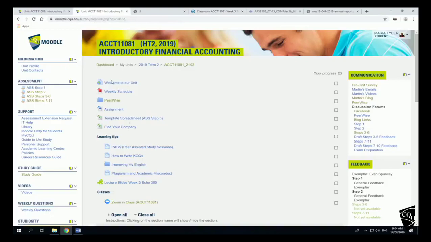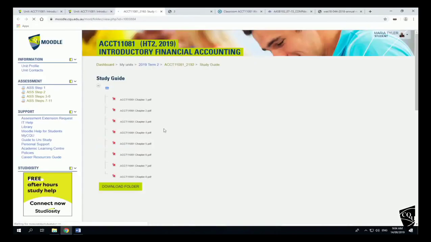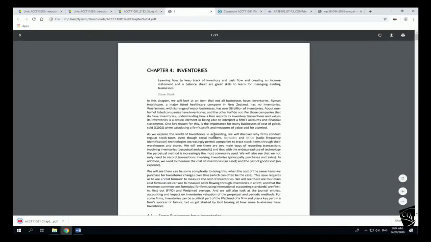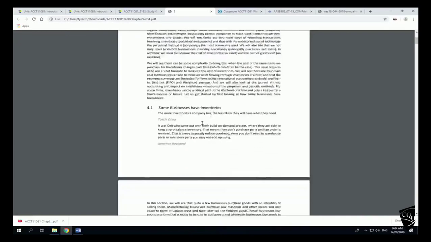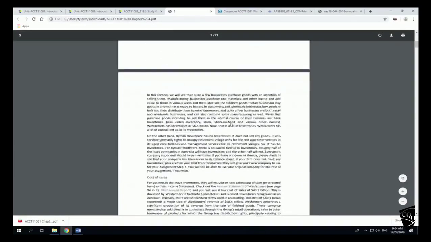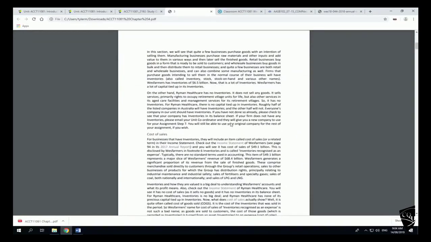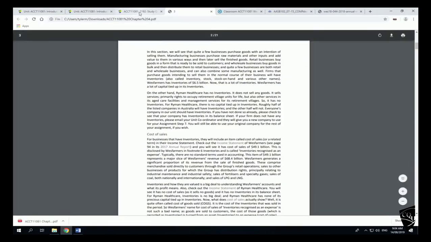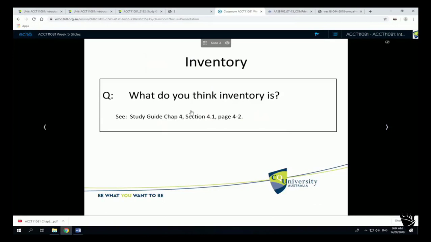So if you go to the study guide, that's on the left-hand side of Moodle, click into chapter 4. You'll come to this, and this first section really introduces you to what inventories are. So if you have a quick read through, hopefully everybody has already read through that, but this will provide you with a bit of a background into what we're trying to tell you inventory is.